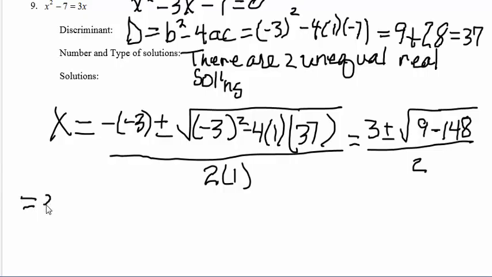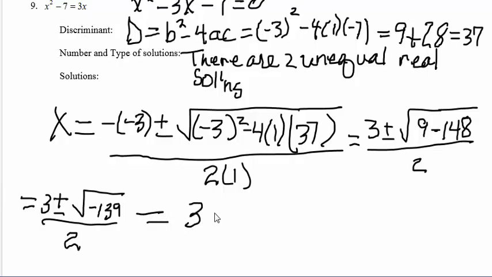So this is 3 plus or minus the square root of negative 139 divided by 2. Okay, so 139 doesn't have any factors that are perfect squares. So we can't simplify the square root of 139.